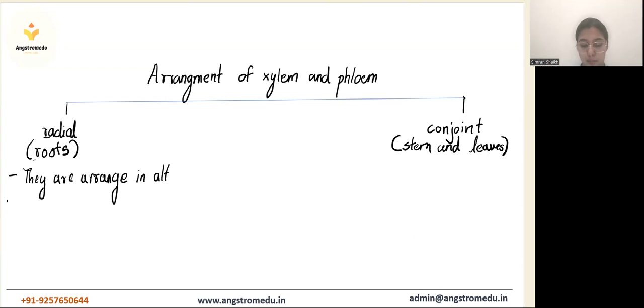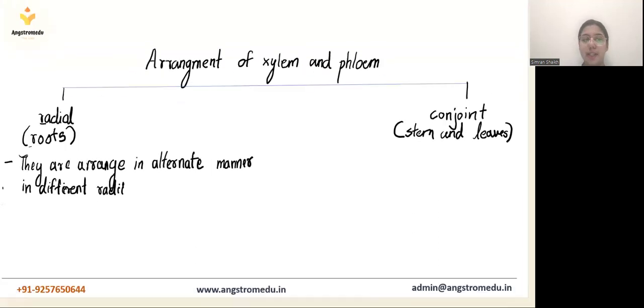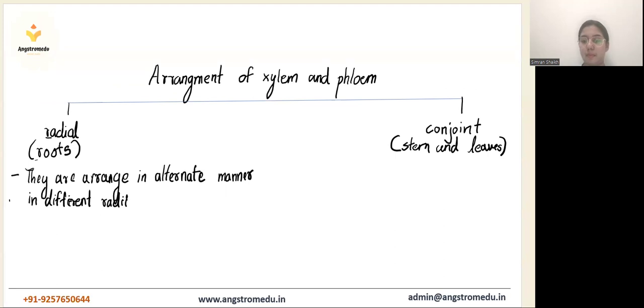One there will be xylem, another there will be phloem, in different radii. And in conjoint, they are arranged along the same radius.